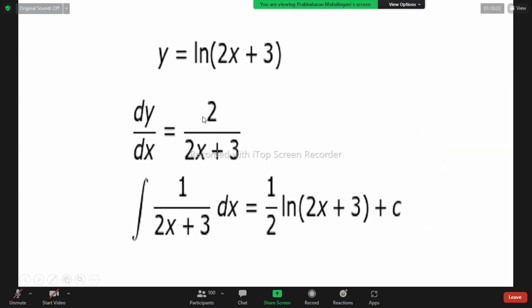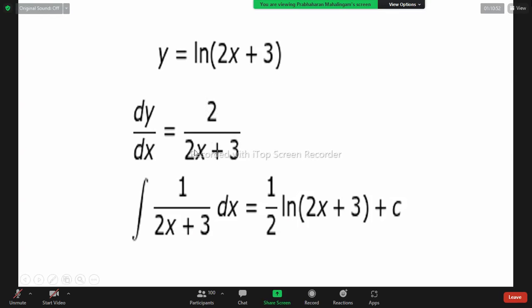Here, dividing and multiplication, one formula. You see ln 2x plus 3. Normally, what do you write? If you differentiate 2x, 2 should be there. 2 should come, this is the upper one.